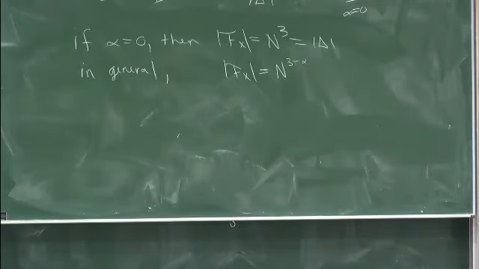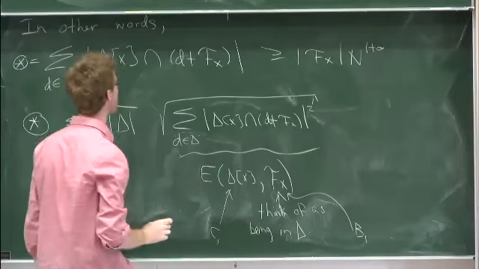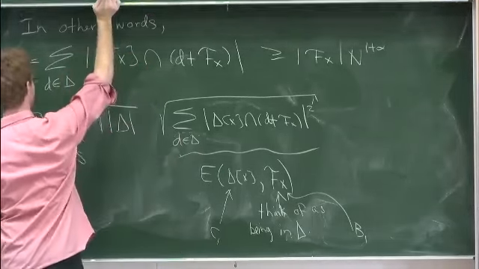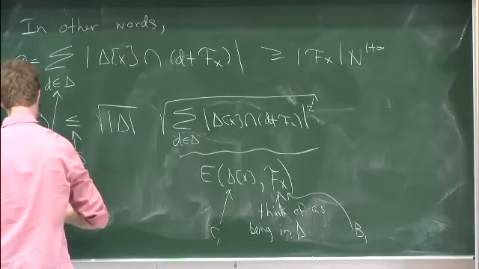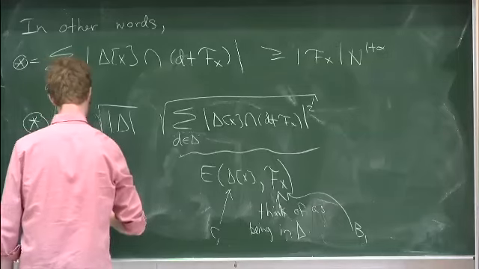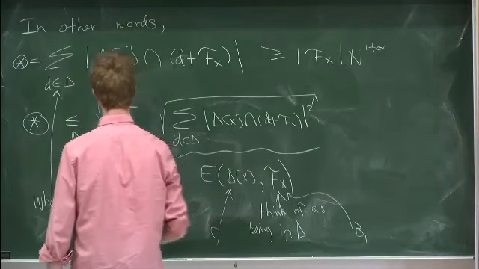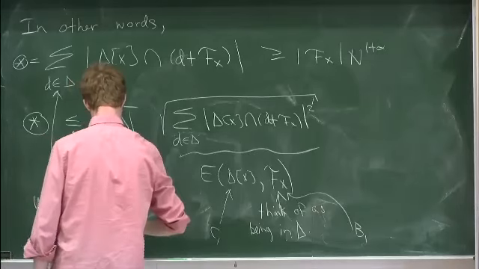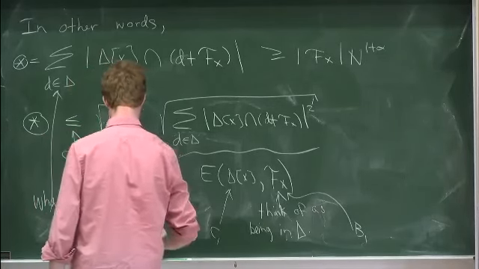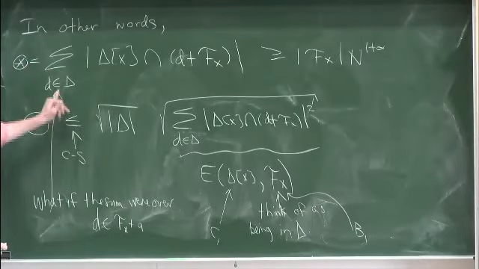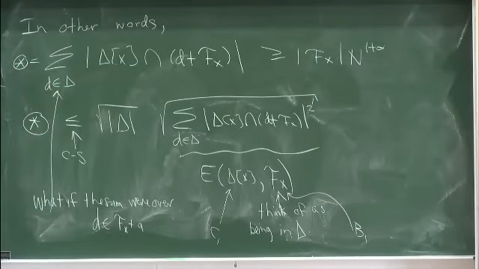This could be fixed if, what if the sum were over a smaller set, like some copy of f of x?